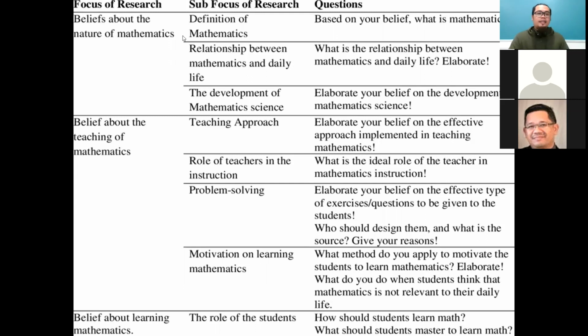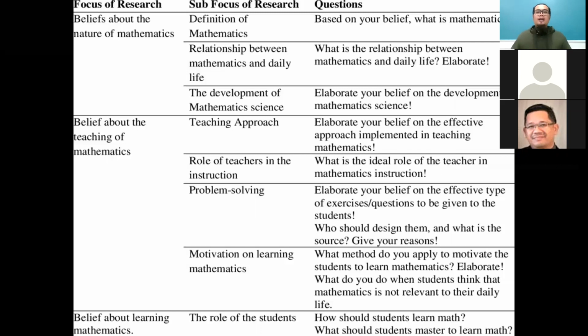Let's say number one is the focus area: beliefs about the nature of mathematics. In this matter, the focus of research represents your research question number one, and you want to know about beliefs about the nature of mathematics. For the sub-focus, first you need to know the definition of mathematics.